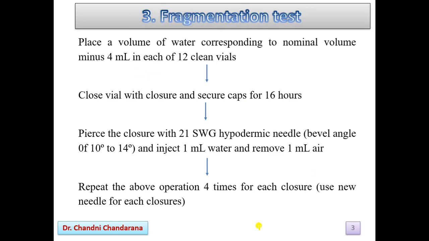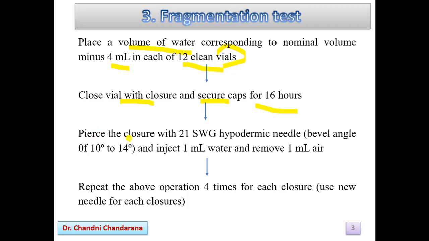Now the next is the fragmentation test. To perform the test, we place a volume of water corresponding to nominal volume minus 4 ml in each of 12 clean vials. This test is performed for the closures of these vials. Now close the vial with a closure and secure caps for 16 hours.